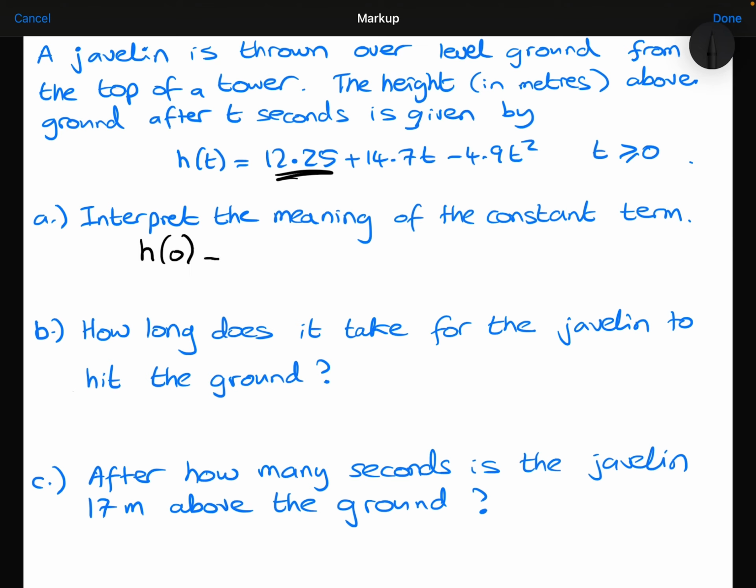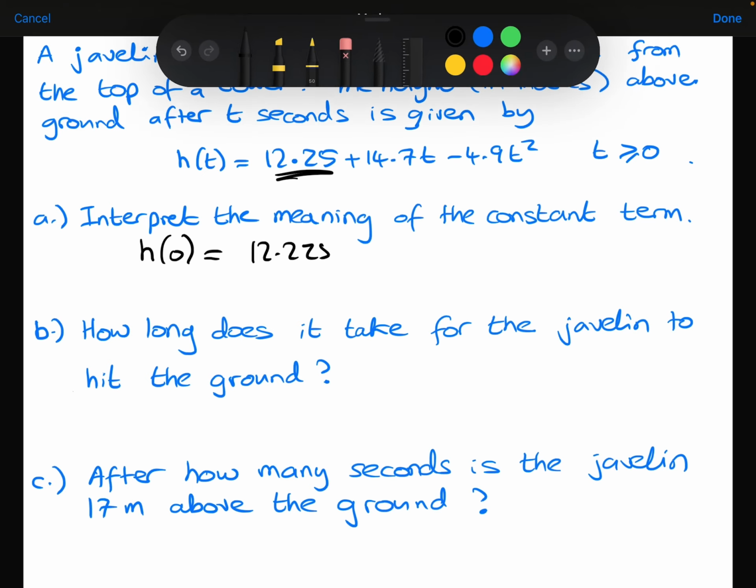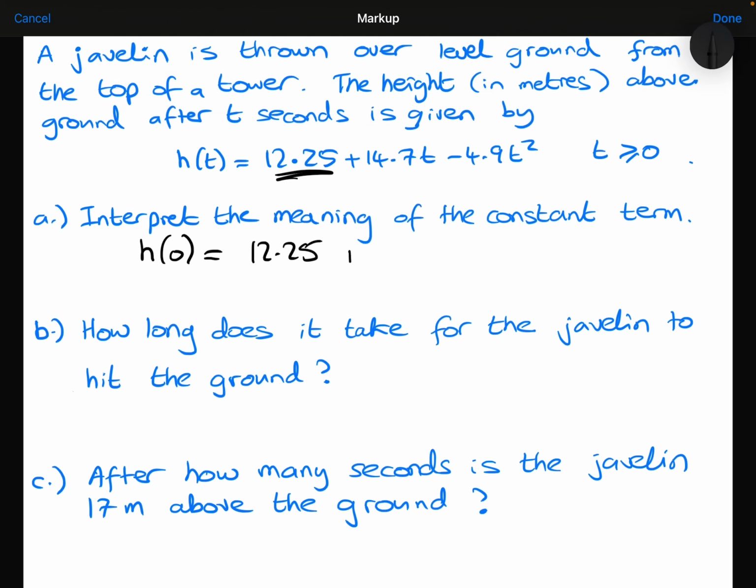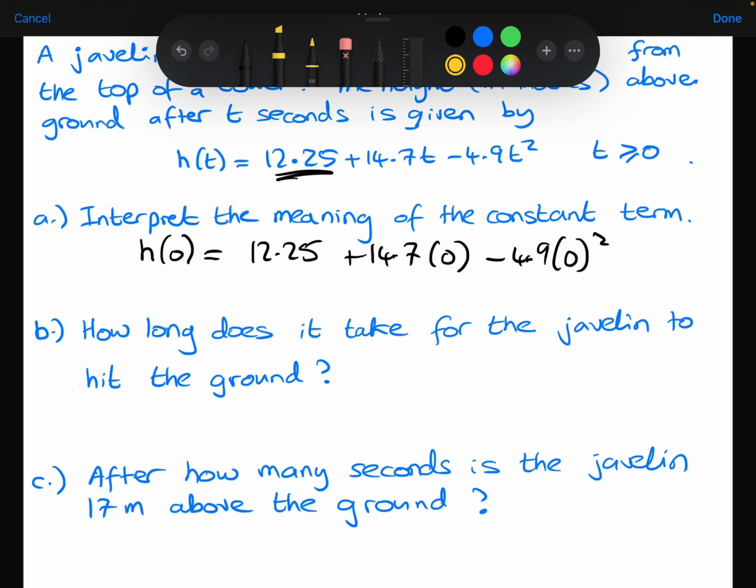If I substitute 0 into this equation, I get 12.25 plus 14.7 times 0 minus 4.9 times 0 squared, and obviously 14.7 times 0 is 0, 4.9 times 0 squared is going to be 0.